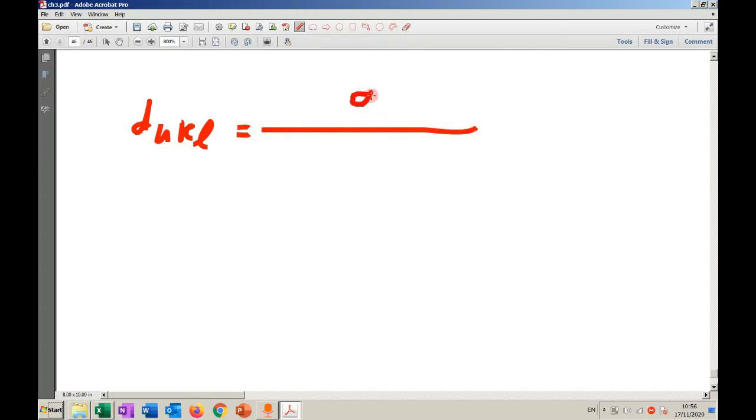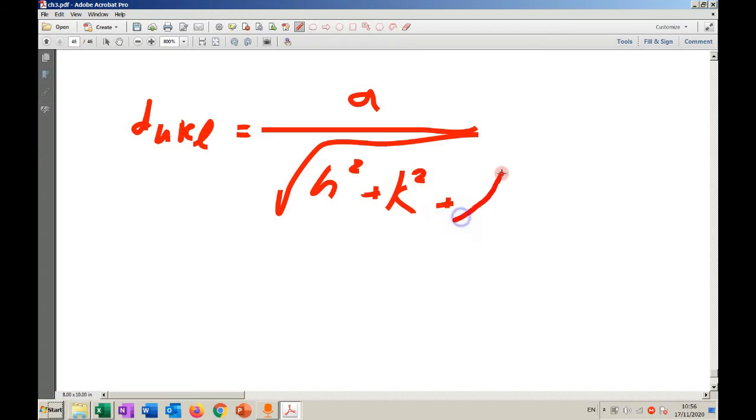So I have two equations. First is a over root h square plus k square plus l square. That's the first rule. Now can we use this one?